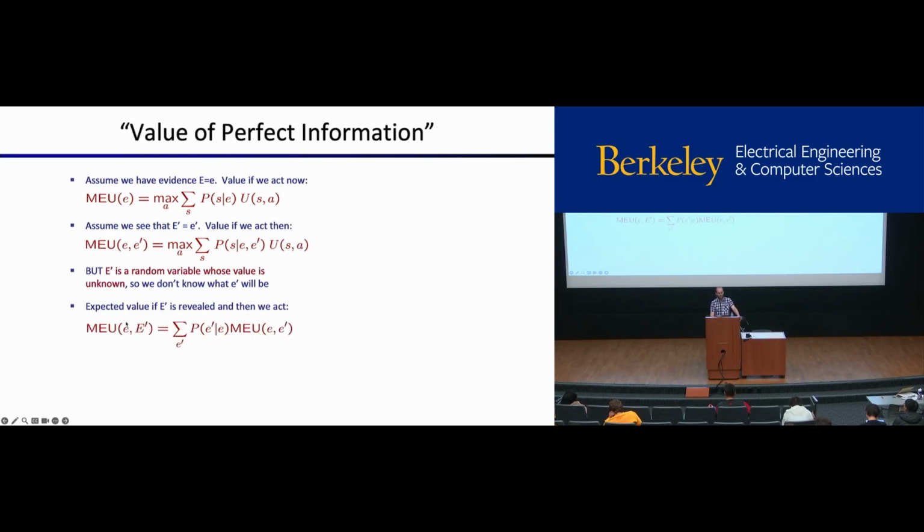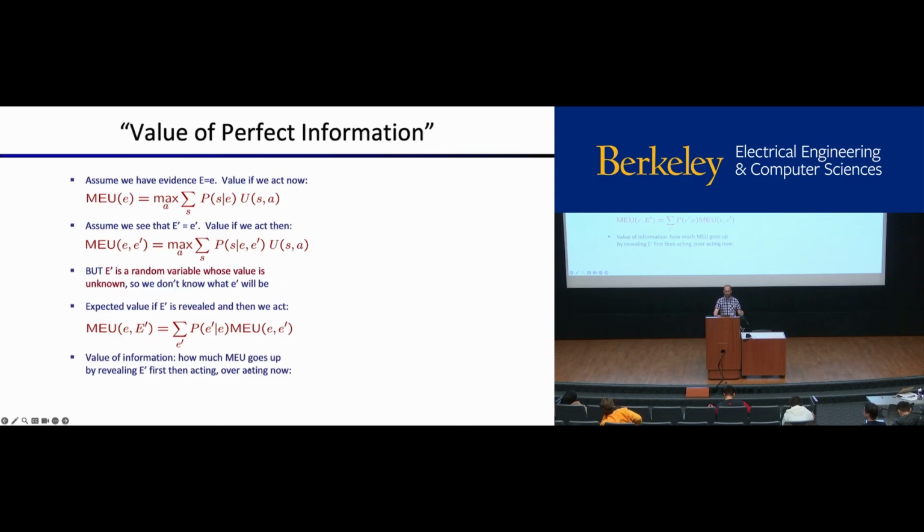So the maximum expected utility of little e and big E prime is the expectation over little e prime of the maximum expected utility of little e and little e prime. So we don't know what we're going to see. We know we're going to see something. We can think about what the different maximum expected utilities would be depending on what we see. And then the expected maximum expected utility that we'd face when we're considering observing this evidence is this expectation here.